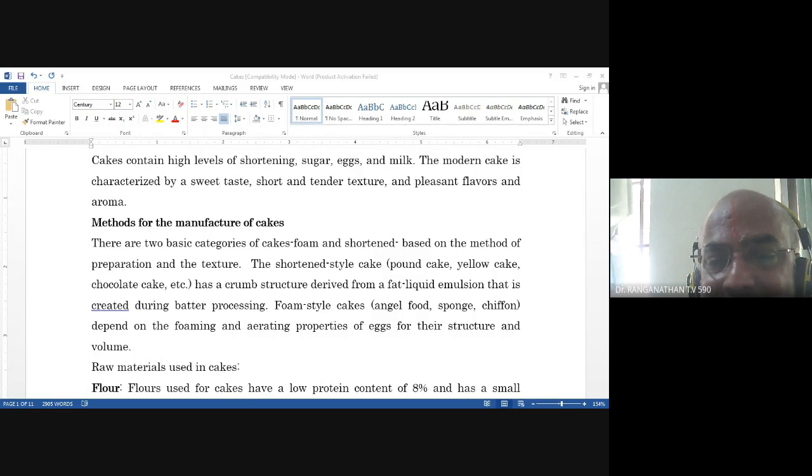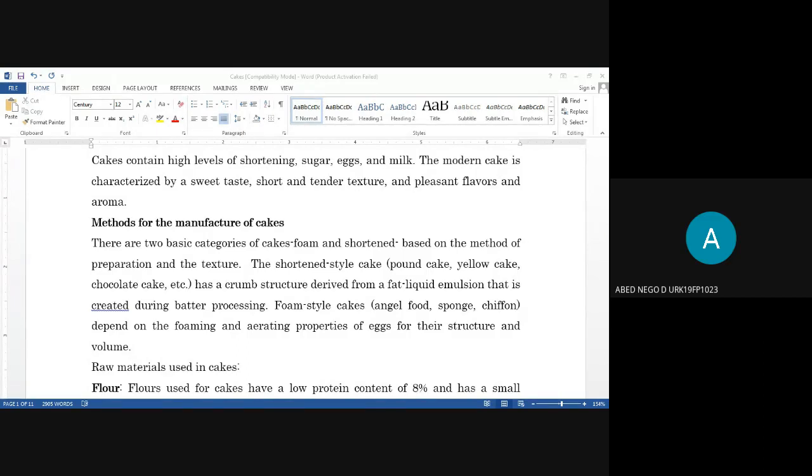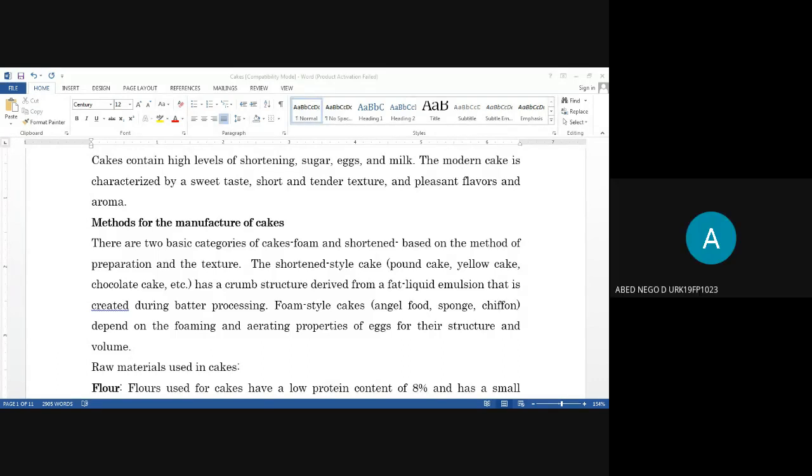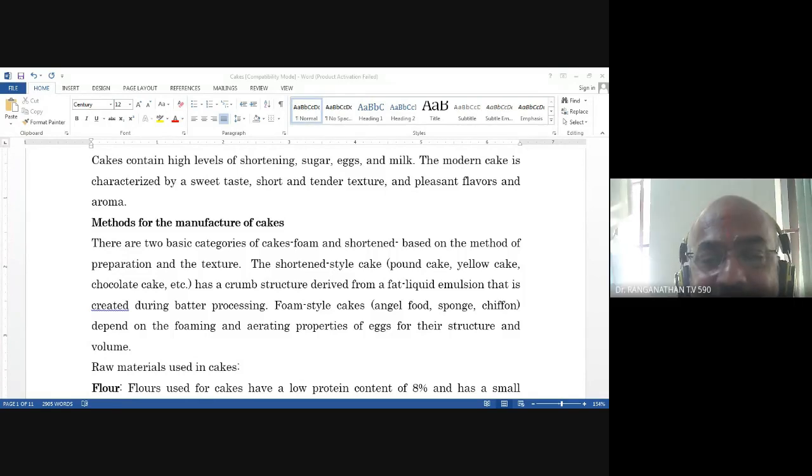Sir, how is a chocolate cake compared to? Moisture, difference in moisture content, sir. Moisture means how is it like? Mouth feel? How is the texture, the structure?